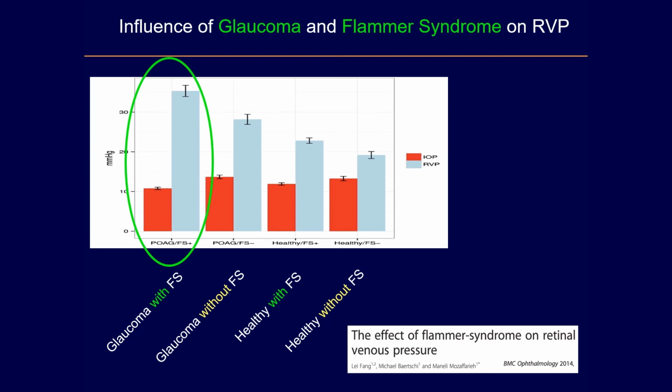Both glaucoma and Flammer syndrome affect the retinal venous pressure, which is why the biggest difference between RVP and IOP is in the group of patients who have both. And this we find often in patients with normal tension glaucoma.